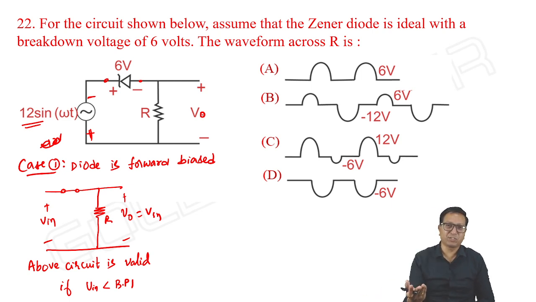Next, the input is positive but less than the breakdown voltage of the Zener diode. Then what happens? Positive but less than the breakdown voltage of the Zener diode. Then the diode is an open circuit. The diode does not conduct. Okay, so second case, case 2.